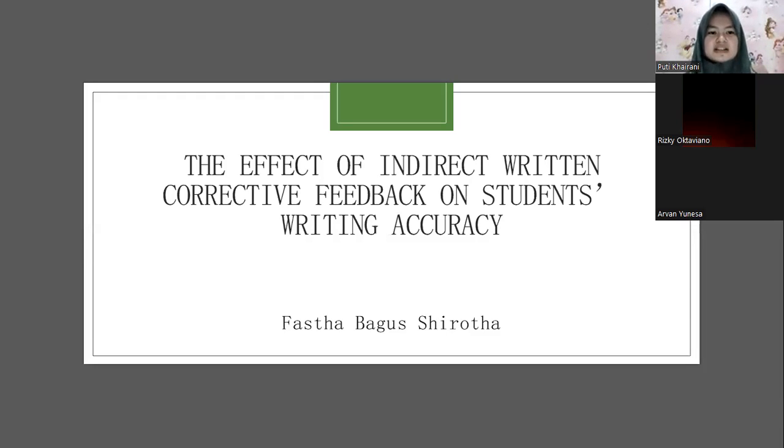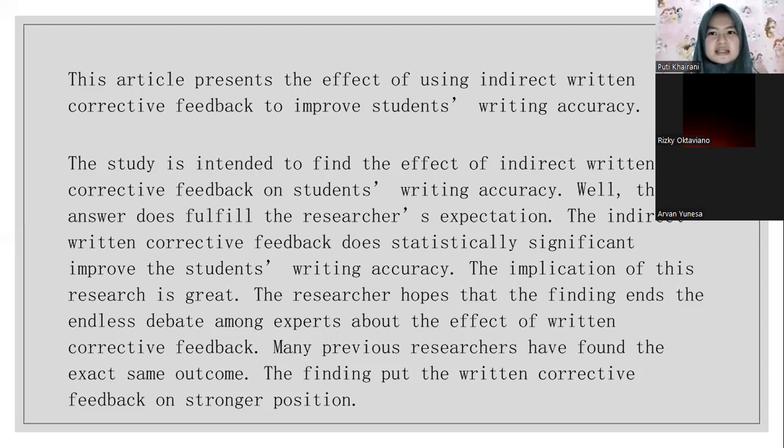And the second article is about the effect of indirect written corrective feedback on student writing accuracy by Fasha Bagu Sirota. This article presents the effect of using indirect written corrective feedback to improve student writing accuracy.